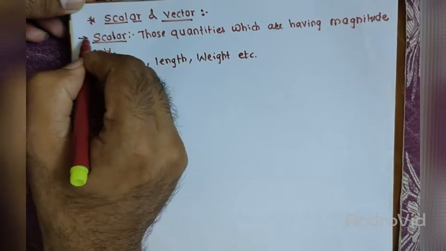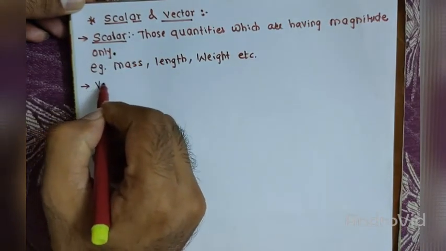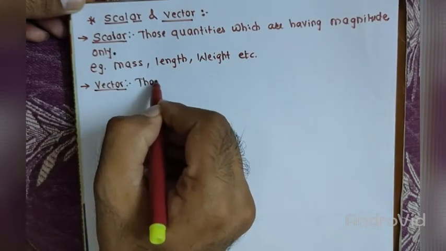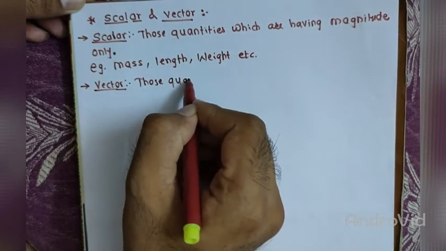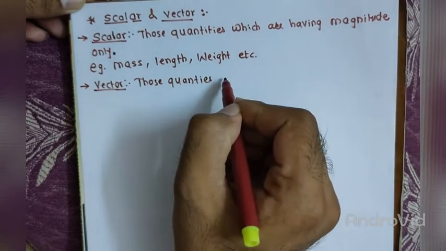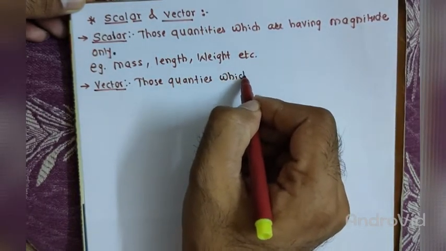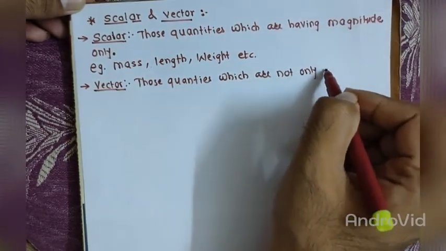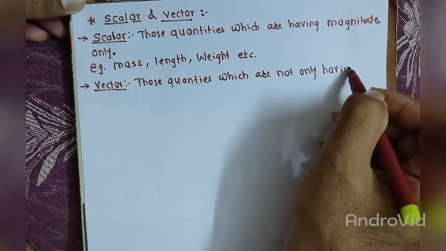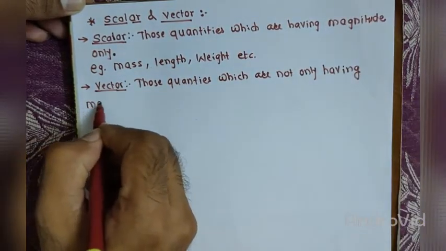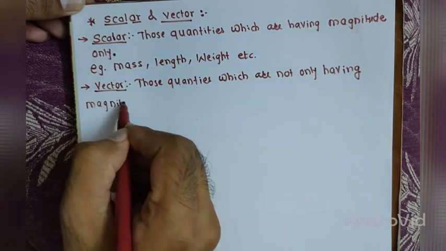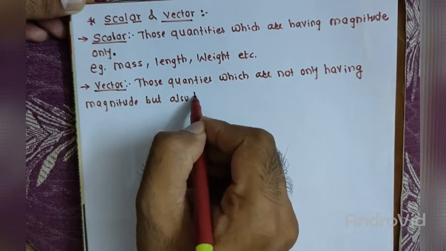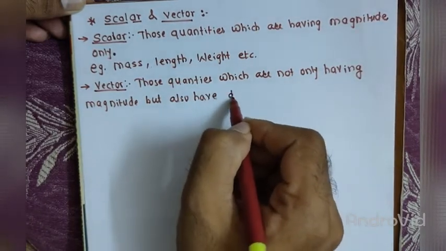Now moving on to the second part, what do you mean by vector quantity? Those quantities are called vector quantities which are not only having magnitude, but also have direction.